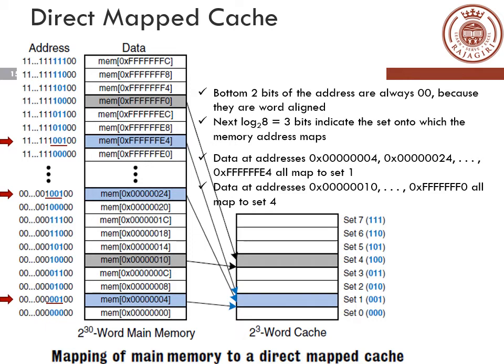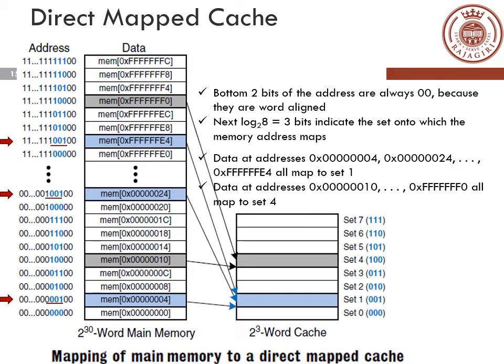So you are going to have 8 sets in your cache memory, and each set is represented using 3 bits. Starting from 000 to 111, you have 8 sets, from set 0 to set 7. That's the size of your cache memory. And coming to the main memory, you have a main memory of size 2 raised to 30 words.